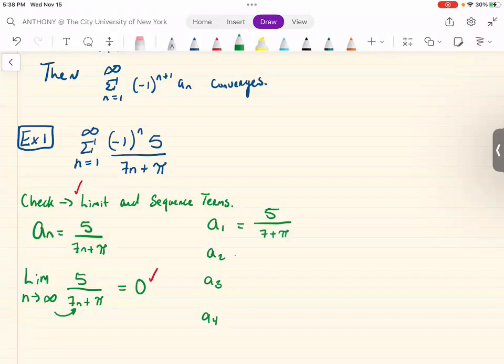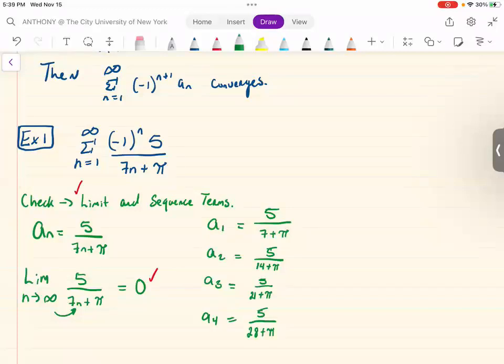Your second term will be 5 over 7 times 2, which is 14. So you get 14 plus pi. Your third term is 7 times 3 is 21. So you get 21 plus pi. And then you get 5 over 7 times 4, which is 28. So it's 28 plus pi.